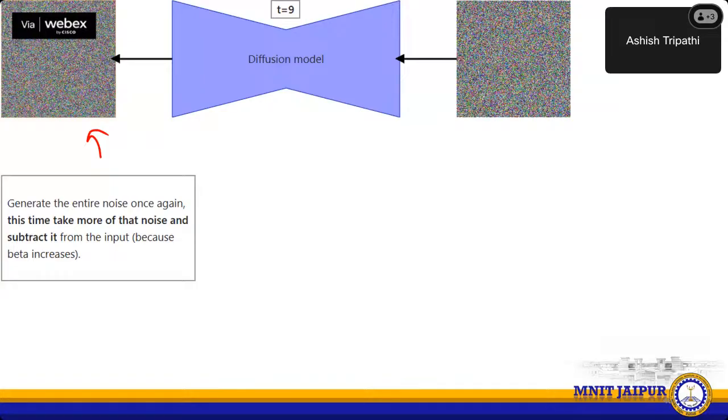Whatever noise we predicted in this image, we subtracted from this image, and we got some less noisy image. At this moment I am still getting a noisy image as an output, because we are at the very start of the reversing or denoising process.